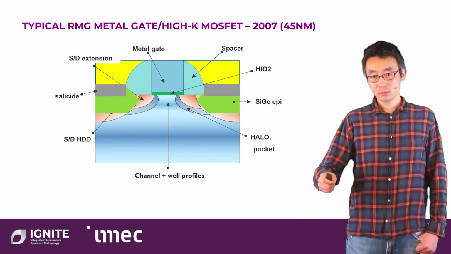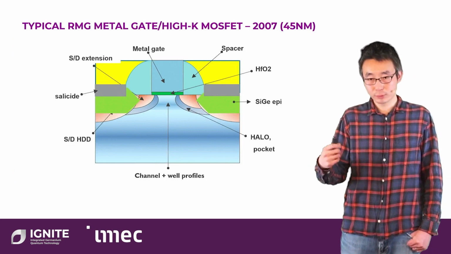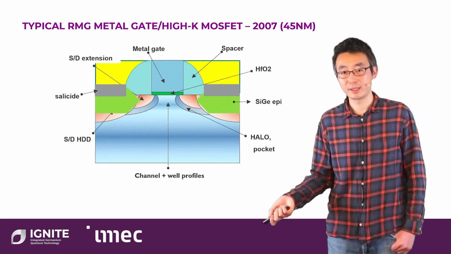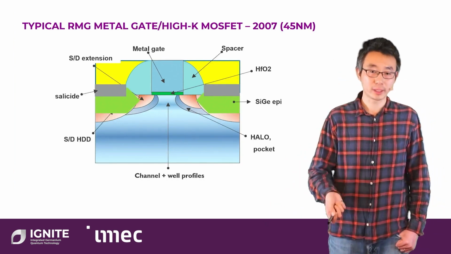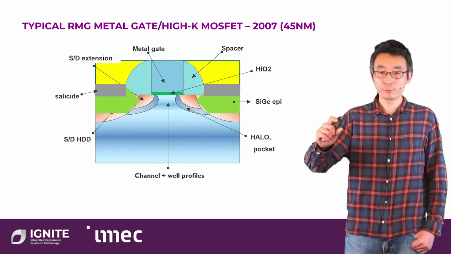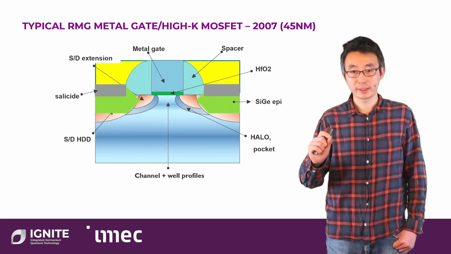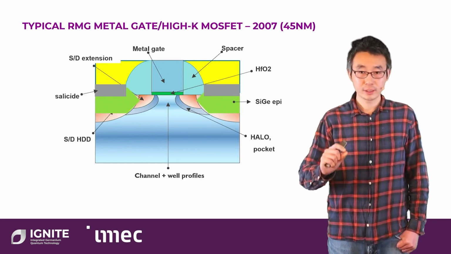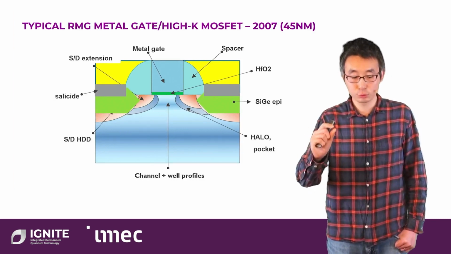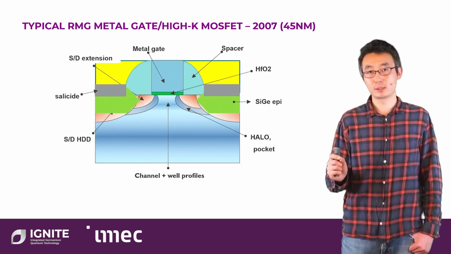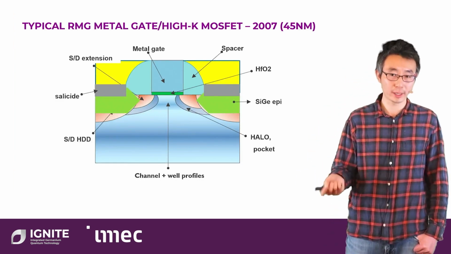Now, in 2007, people introduced the idea of high-K plus metal gate. Why is that? When you further shrink down the gate capacitance, you need to reduce the gate dielectric layer. But if the layer thickness is too thin, the quantum tunneling event, or the gate leakage current, is going to be too high.